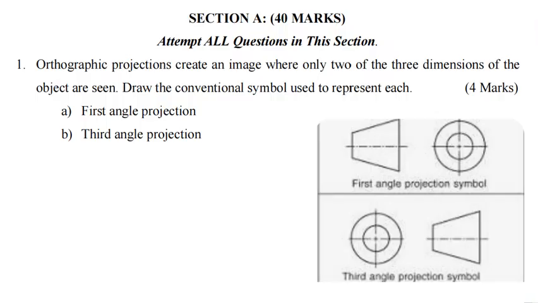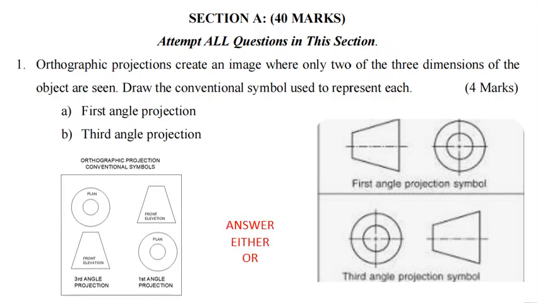So the arrangement is not supposed to be lying horizontal. The arrangement should be upright, as shown here, so that we have the plan on top of the front elevation for third angle projection and the front elevation on top of the plan for the first angle projection.